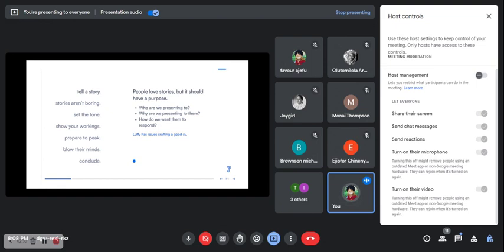You might also need to present in a setting like the one I am in currently, where you're presenting to other people to impart knowledge. But for the purpose of this presentation, we are going to be talking in the context of presenting your case study.